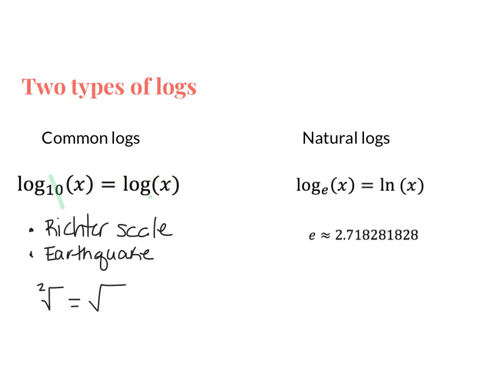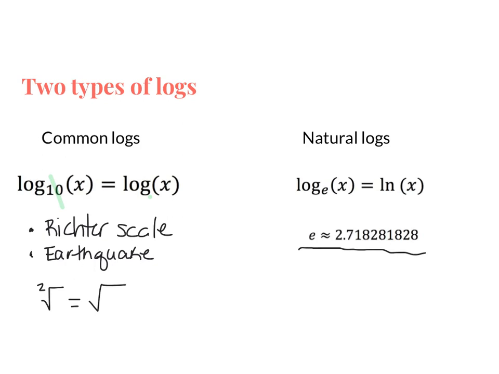For the natural logs, that's another one, and this is a new vocabulary word for us, is this definition of e. E is an irrational number, similar to pi, in that it's non-terminating and non-repeating. It is going to be extremely important in all of our financial issues that we deal with. So instead of writing log base e of x, we just write it as natural log.